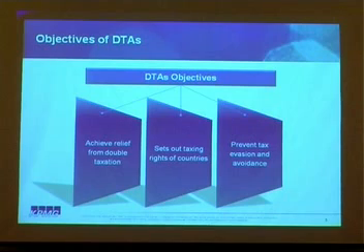If we look at DTAs, I think it's perhaps fair to say that these have 3 objectives. The first objective, perhaps rather unimaginatively, is to achieve relief from double taxation. And double taxation arises because countries tax income in different ways.